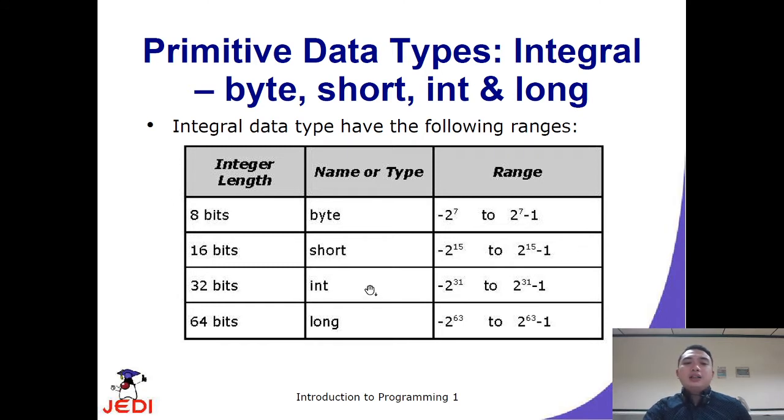For int, 32 bits, and its range is negative 2 raised to the power 31 to 2 raised to the power 31 minus 1. Long is 64 bits, and its range is negative 2 raised to 63 to 2 raised to 63 minus 1. So the range is basically the number of digits that the data type can hold.